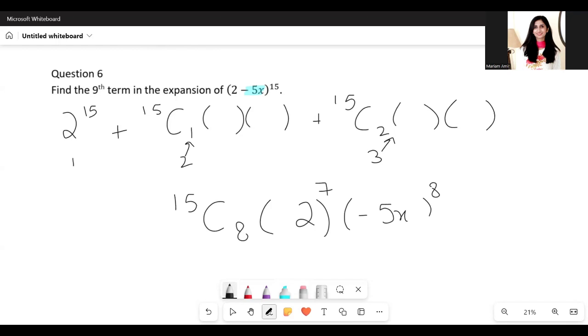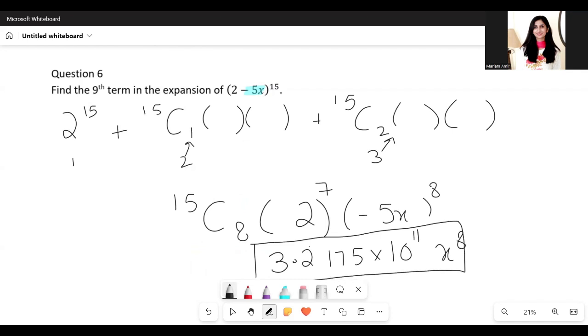Okay, so I have to enter this in the calculator. 15C8, 2 power 7, minus 5, brackets around that, power 8. So that gives us 3.2175 into 10 power 11. And also there's an x power 8. They did not only ask for the coefficient, but the entire ninth term. And that's this.